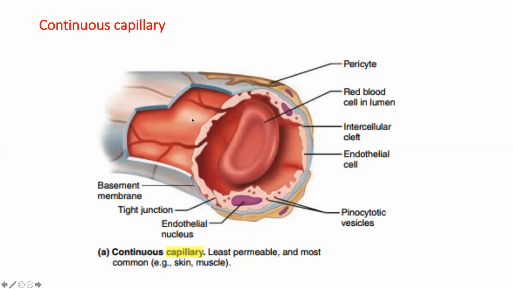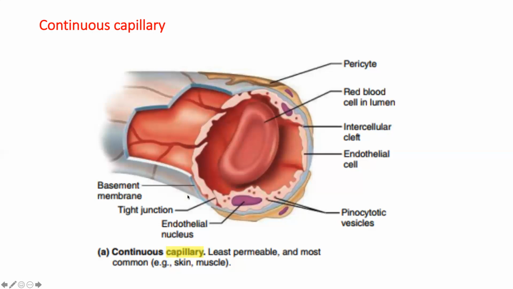And these capillaries, because the endothelial cells have to rest on connective tissue, which we call basement membrane. And there will be pericytes, peri meaning around, cyte meaning cell, pericytes around the cells. That is the form of capillaries, and you can see the junction between the endothelial cells.